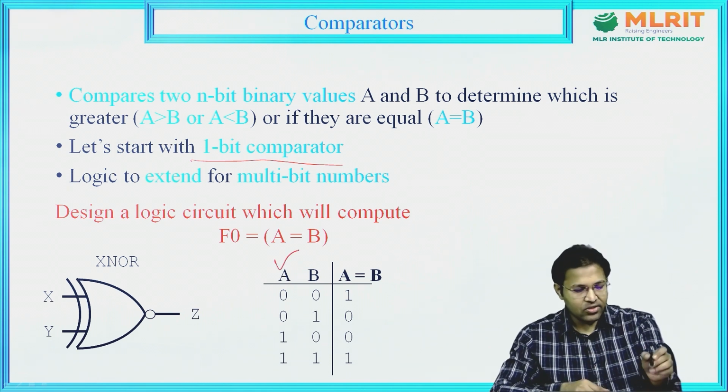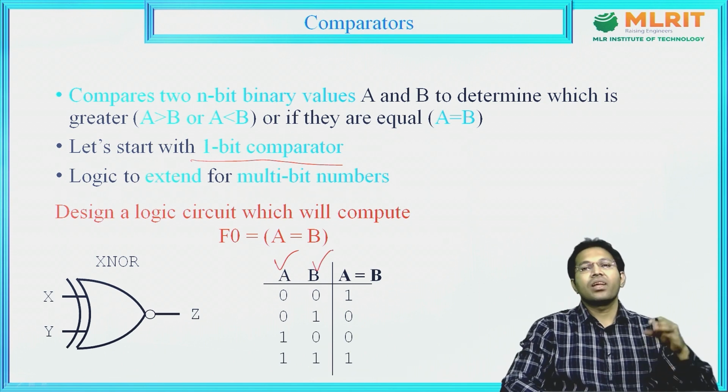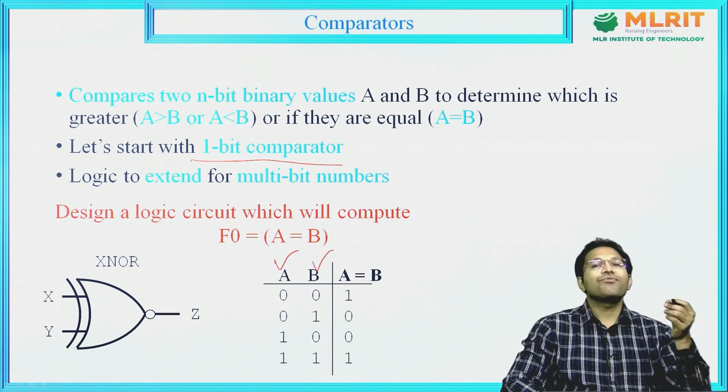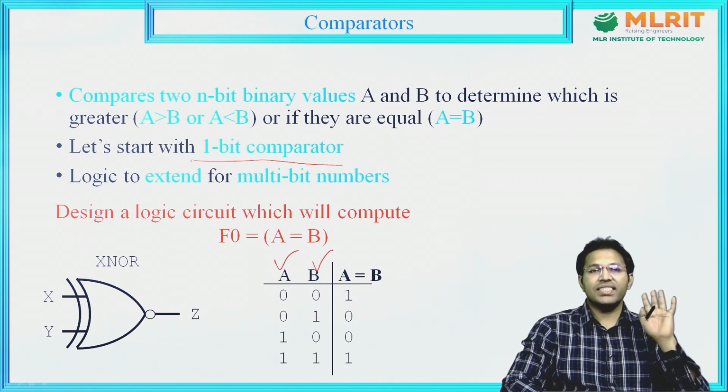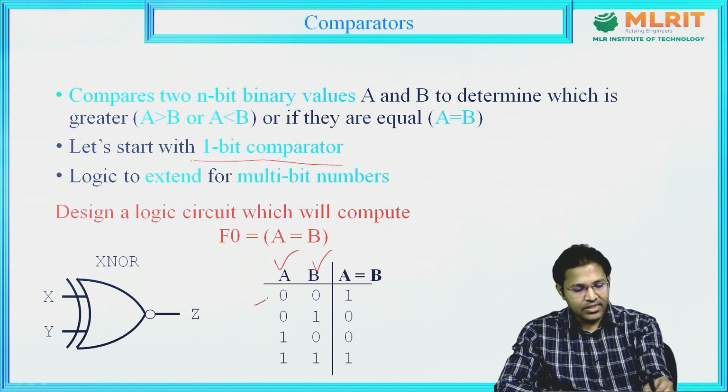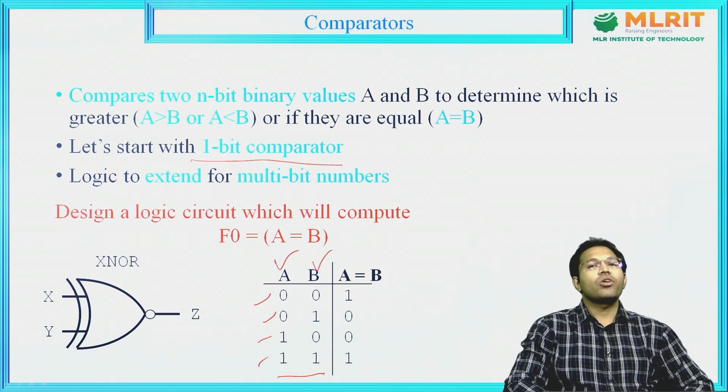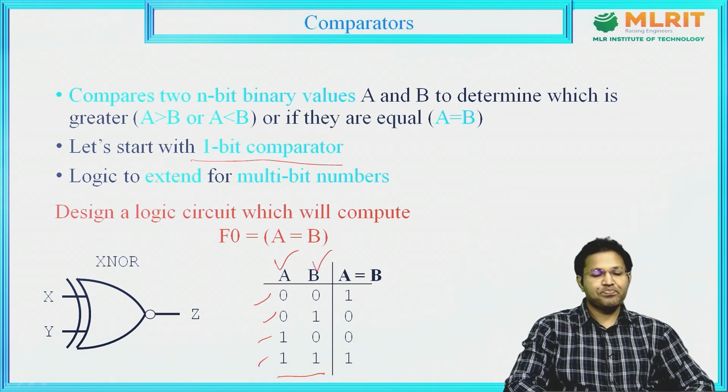So A is of size 1 bit, B is of size 1 bit. We know very well that when there are two variables, each of 1 bit size, the total number of combinations is 4, which are 0 0, 0 1, 1 0, 1 1. So these are the 4 possible combinations.